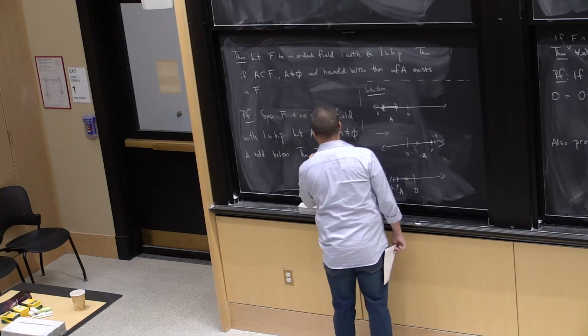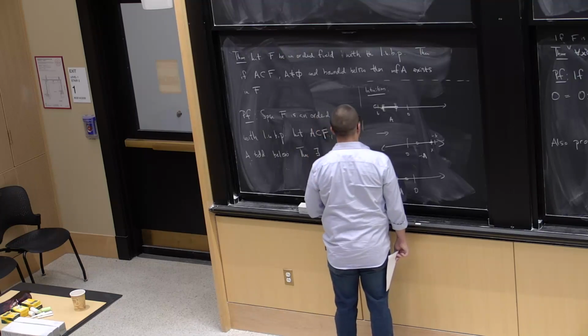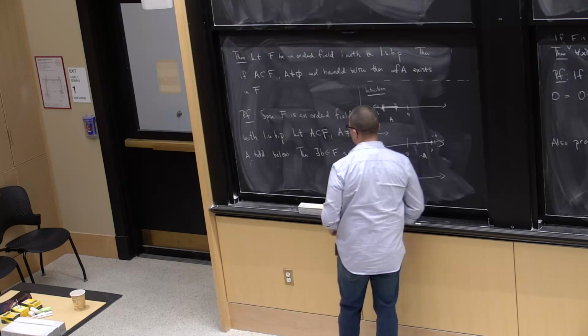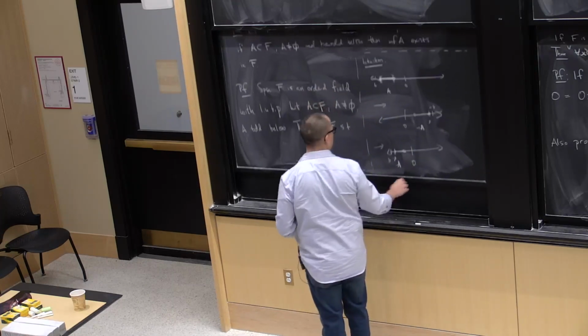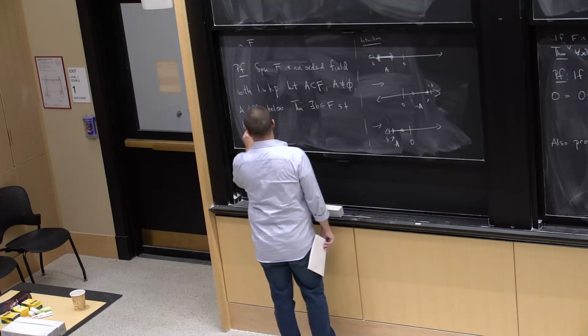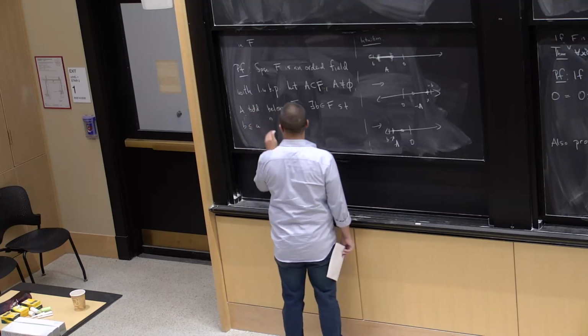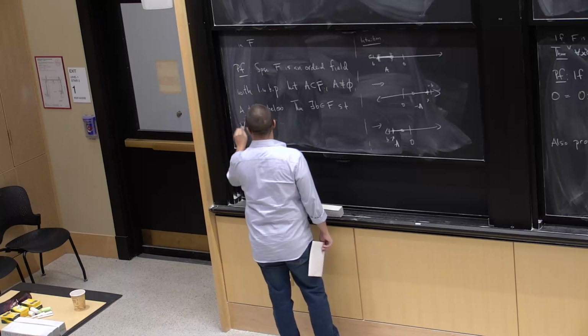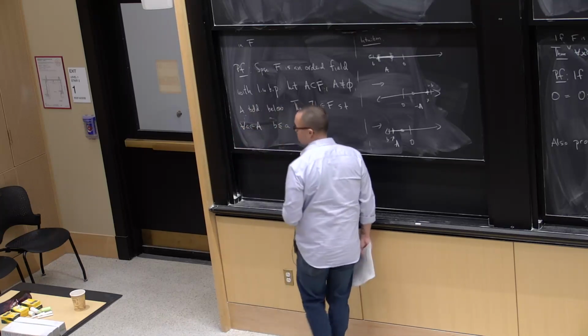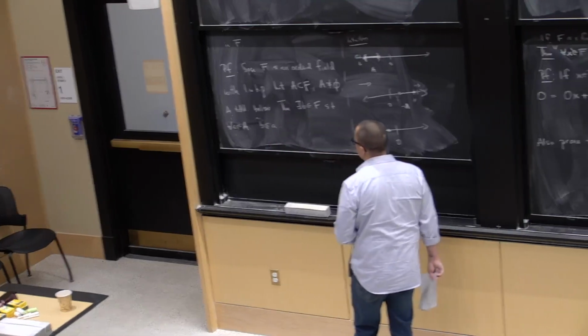Then that means there exists an element B in F such that for all A in capital A, B is less than or equal to A. Okay?